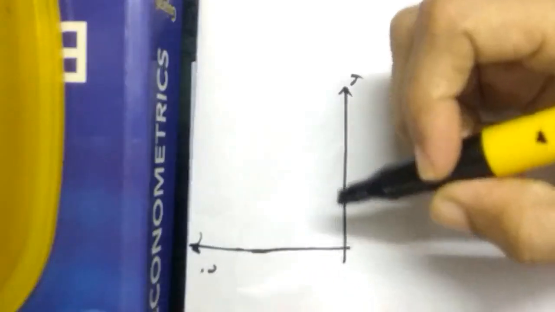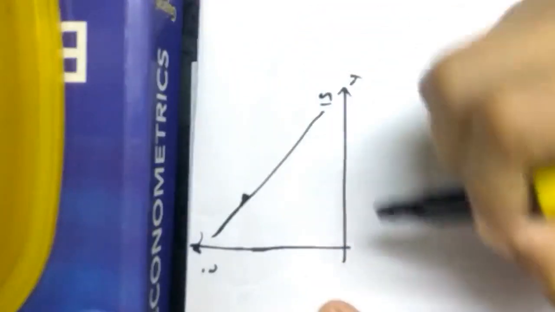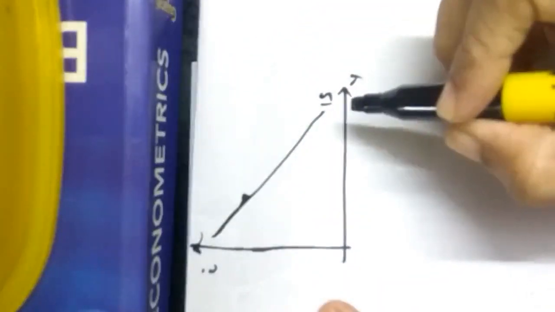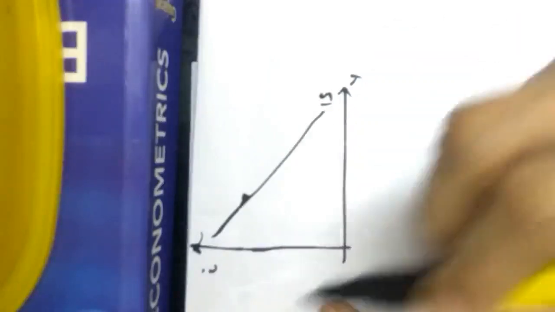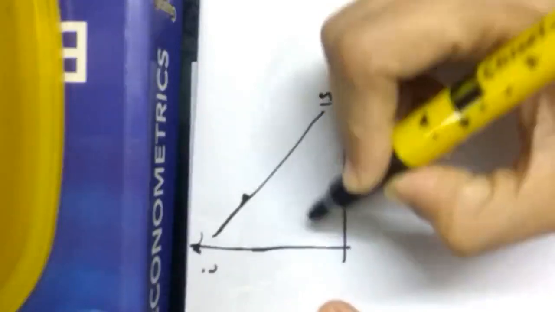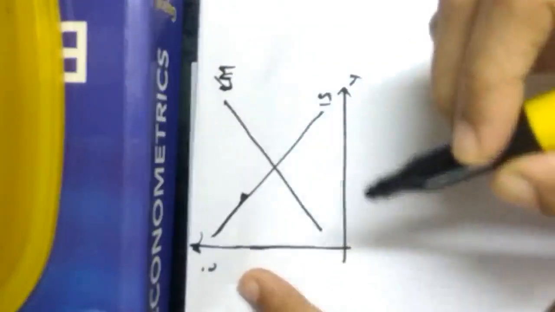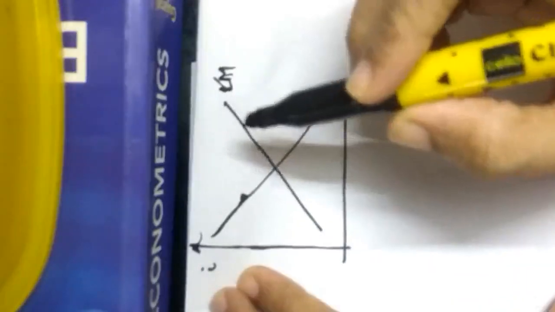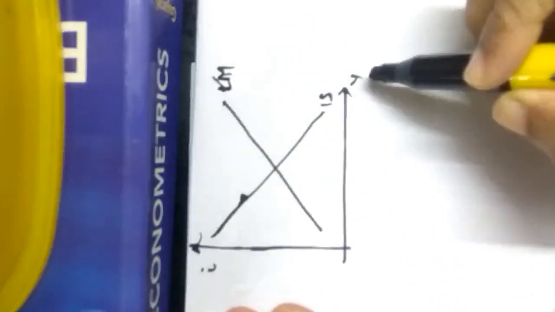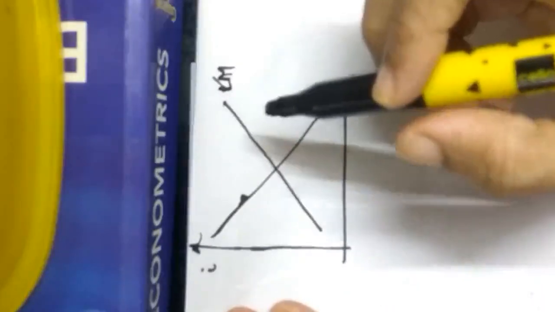If you remember your basic ISLM, the downward sloping curve is the IS curve, which denotes combinations of national income and interest rates where the goods market is in equilibrium, and the upward sloping curve is the LM curve, which denotes combinations of national income and interest rate such that the money market is in equilibrium.